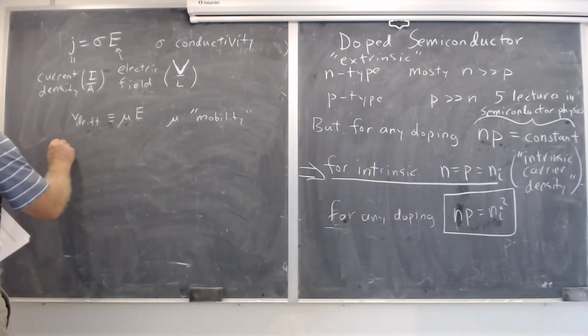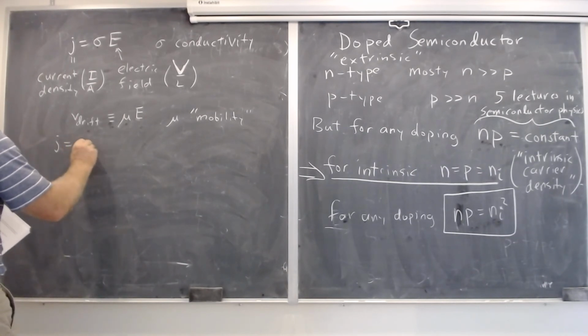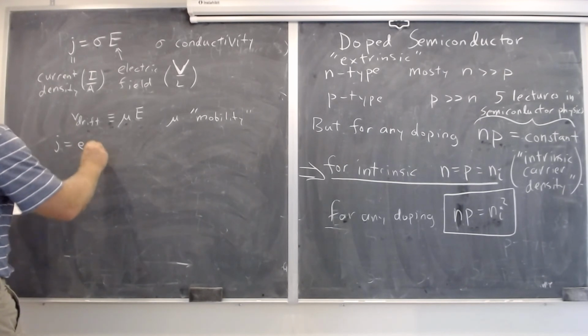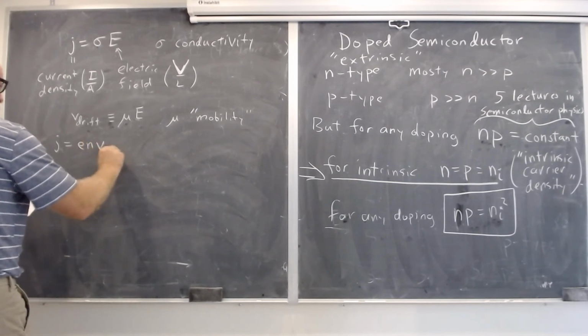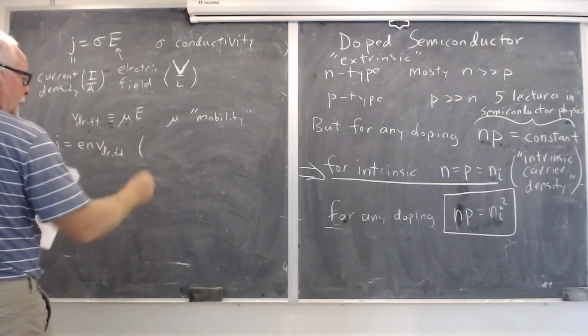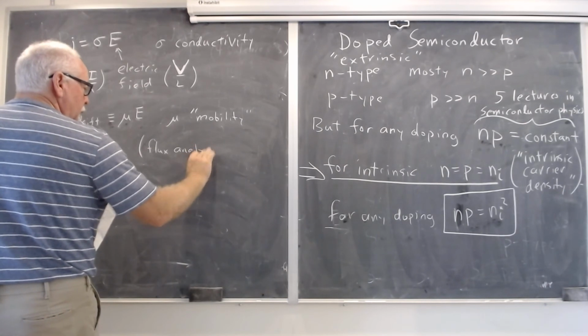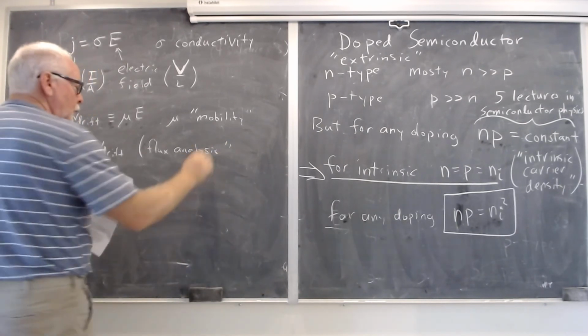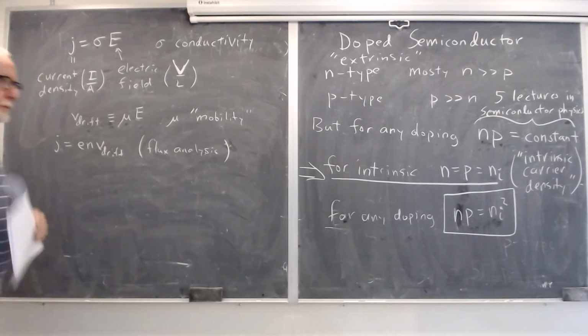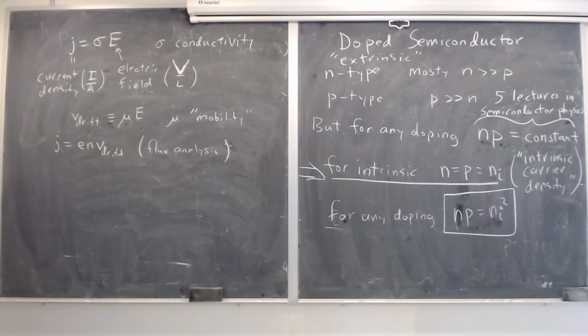All right, and you put those together. Well, we derived that J is equal to E N times V drift, and that comes from a flux analysis. It's interesting to me that I use the concept of flux in almost every class I teach.